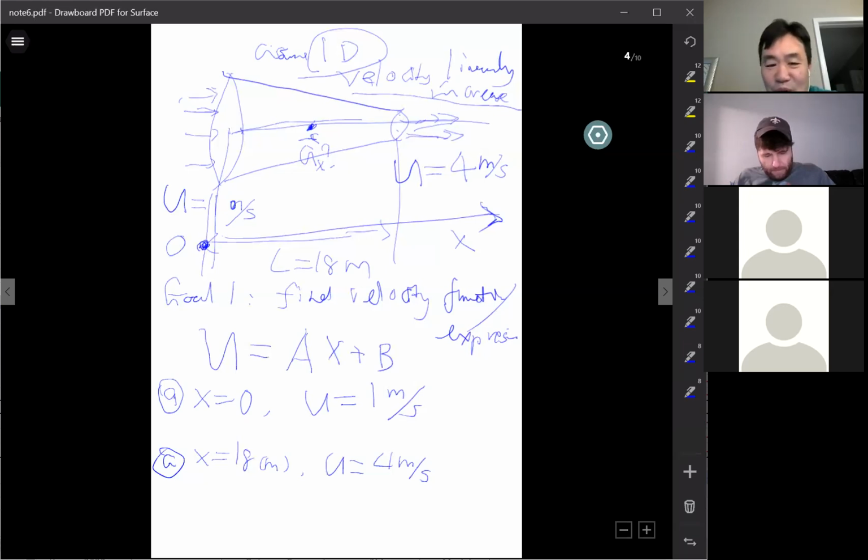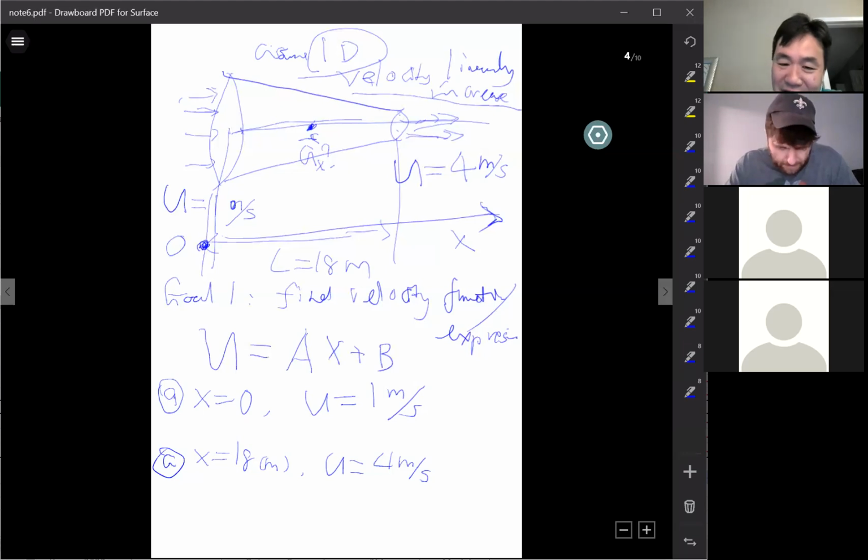You have two unknowns, a and b. So you need two equations to solve two unknowns. Do you agree? Everybody, do you agree? Are these two equations based on these two sets of conditions? Can you substitute x and u to find a and b?